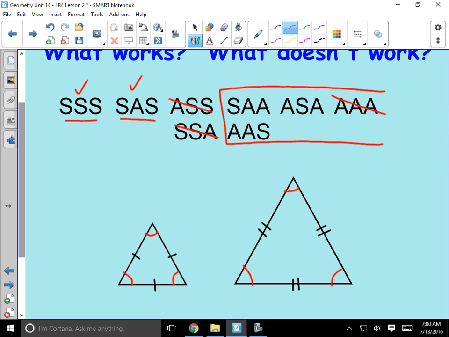Okay, so now we've got three left. We can see that these two are actually the same thing, just different order as you work around the triangle. So we're going to investigate these last two and see if they work to include them with the first two that we had from our last lesson.